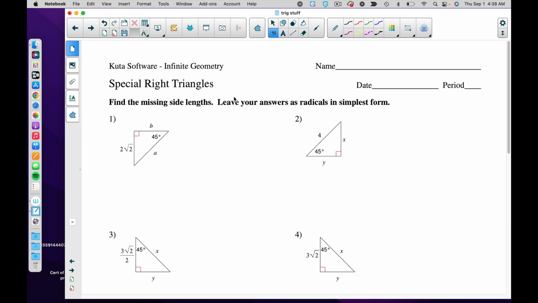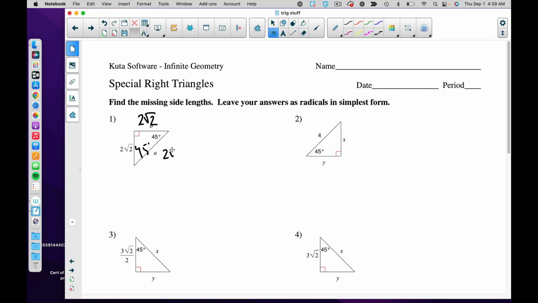So let's take a look at this. If I'm looking at this one here, I know that this is a 45-45-90. I know that the legs are going to have the same length. So if this leg here is a 2 root 2, then I know that this leg is a 2 root 2. And I know that the hypotenuse is going to be root 2 times the leg.